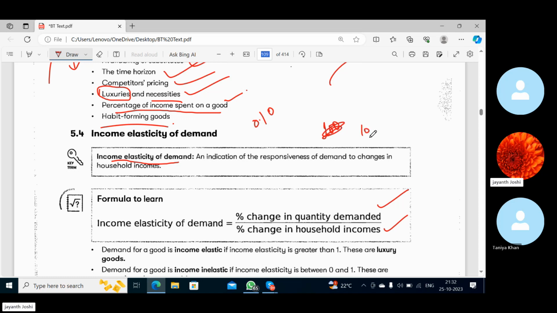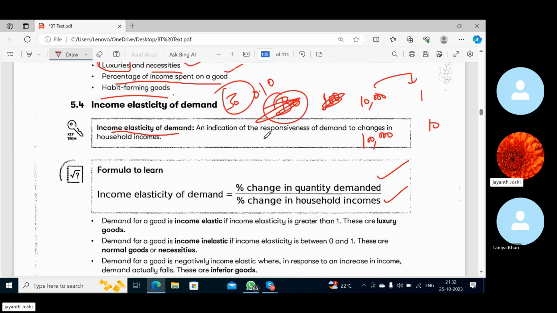Someone is earning 10,000 rupees per month and can buy just one chips packet priced at 30 rupees. But someone earning 1 lakh can buy 10 chips packets at the same price. That is income elasticity.